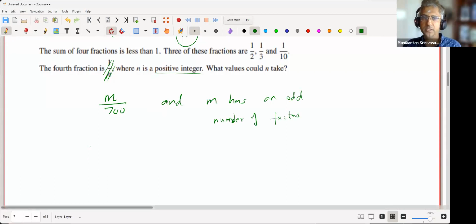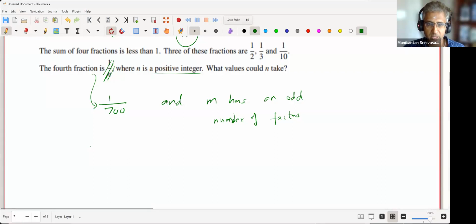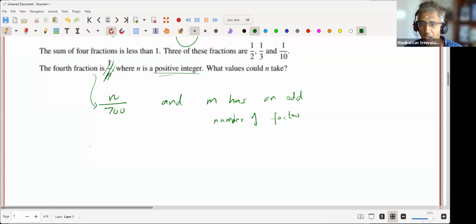Okay, can we all do this? So the only modification is the fourth fraction is M upon 700 and M is a positive integer. Or I'll just keep N, N upon 700, where N is a positive integer.